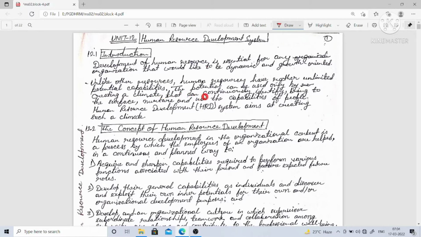The potential can be used only by creating a climate that can continuously identify, bring to the surface, nurture and use the capabilities of people.